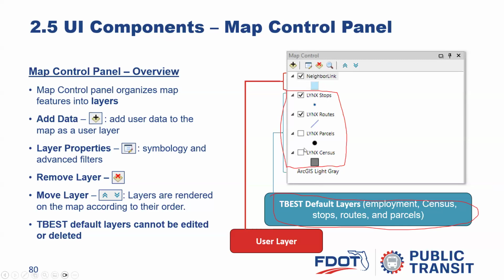These are the operational layers that you cannot remove and you can't really change the attributes or the symbols for them directly in the map control. But you can change it for a user layer. Our neighbor link here is a user layer, so I can change the properties, meaning the symbols for it, in here. And the user layer can be an ArcGIS Online layer, a local mobile geodatabase, or a shapefile.